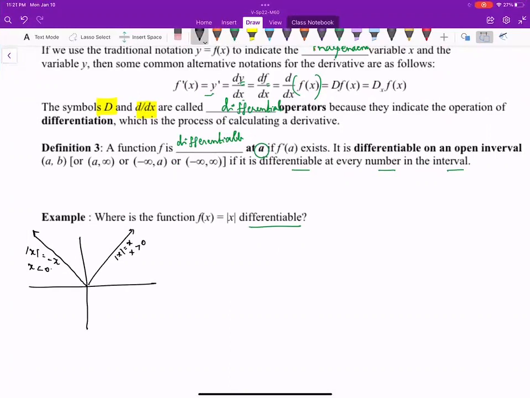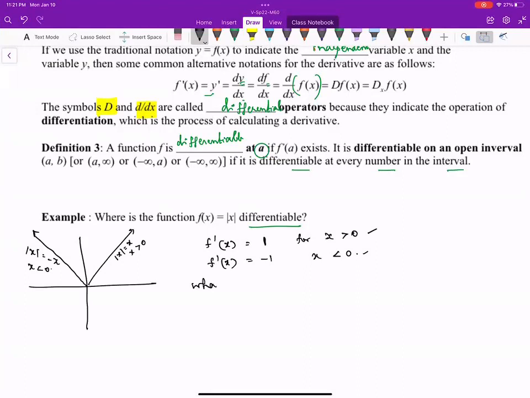Right? So now if you find the derivative of this, f prime of x, for the right-hand side the slope is equal to 1. So for x more than 0, f prime of x equals 1, and f prime of x equals negative 1 for x less than 0. So notice that above 0 and below 0, the derivative exists, and it's equal to 1 and negative 1.